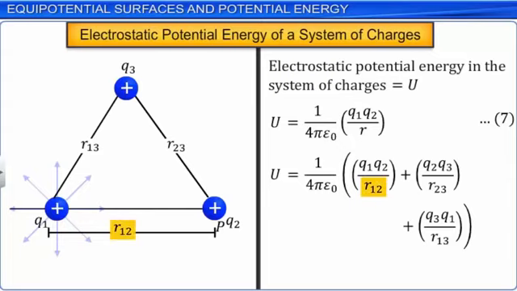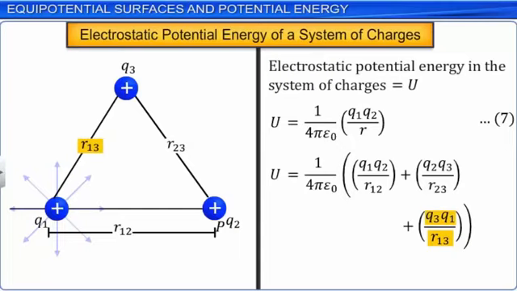R23 is the separation between Q2 and Q3. And R13 is the separation between Q3 and Q1 respectively. Let this be equation 8.